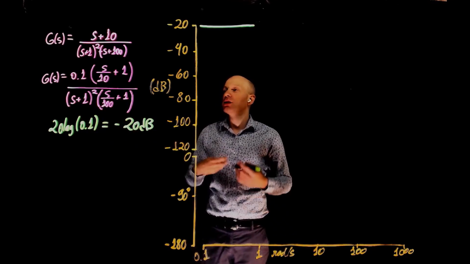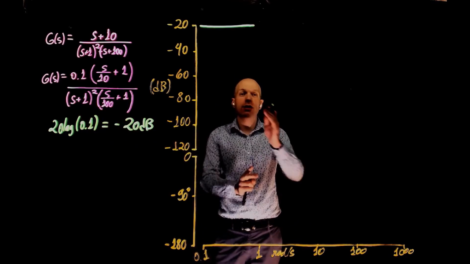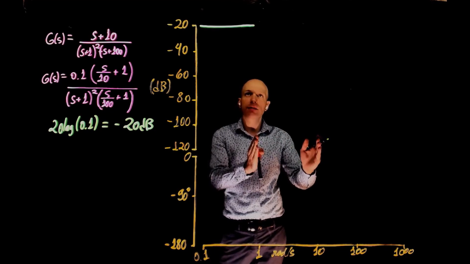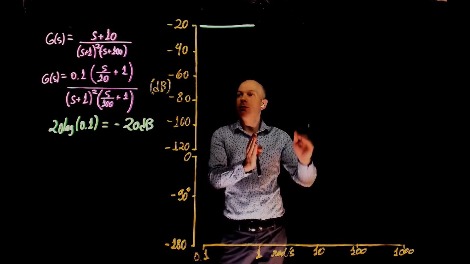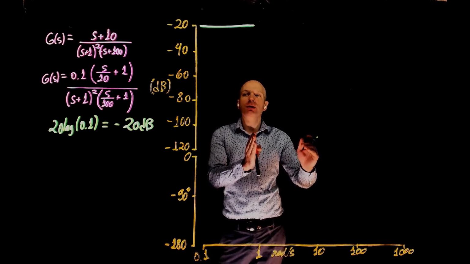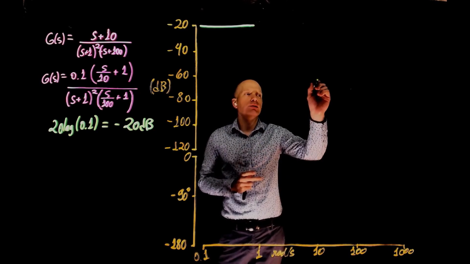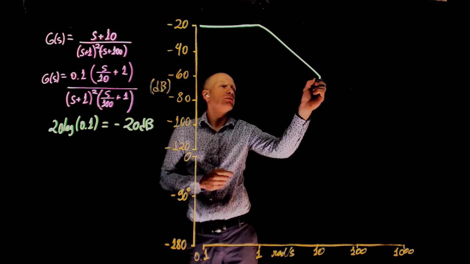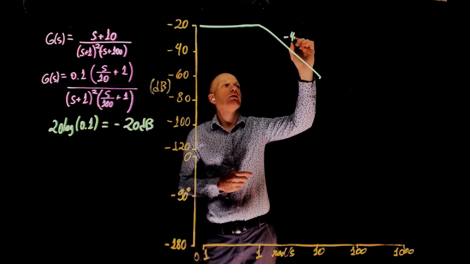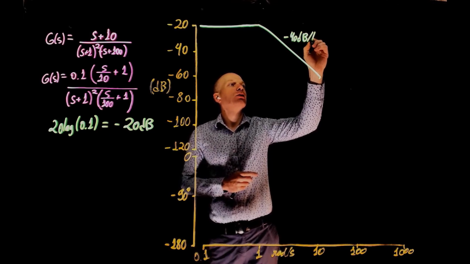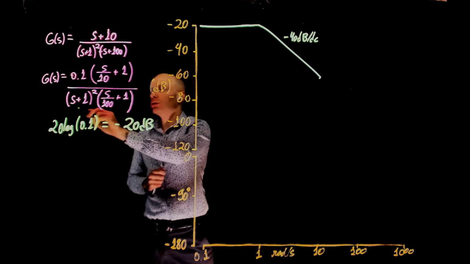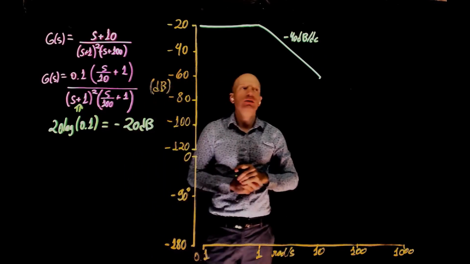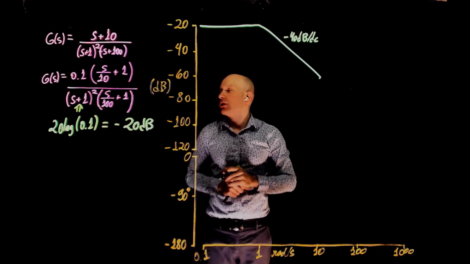The slope becomes negative 40 dB, which means that if you move the frequency by a factor of 10, the Bode plot goes down by 40 dB. So we should be at around negative 60 dB, because the slope here is negative 40 decibels per decade due to these 2 poles at negative 1.